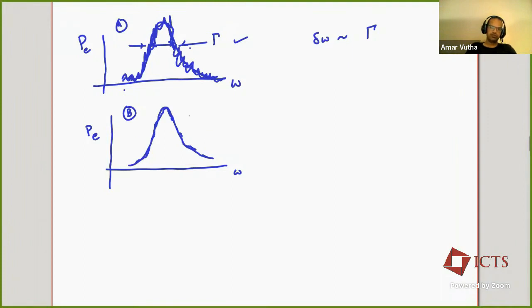all else being equal, again, your signal height is the same. If your width is the same, then again, I think you'll agree that in this case, if it's a competition between these two sorts of resonances, this one is much better. The one with lower noise is much better, all else being equal. Okay. So again, on dimensional grounds, we can sort of play with this and see how far we get.